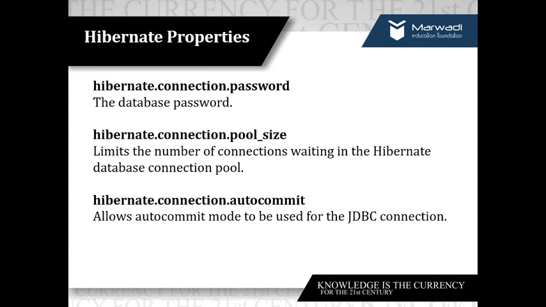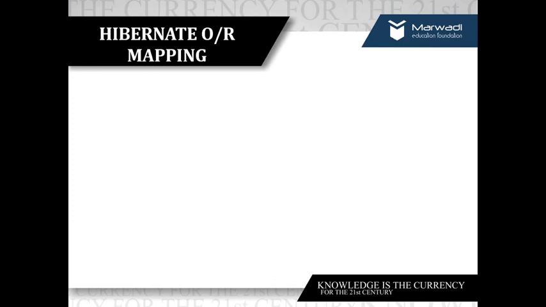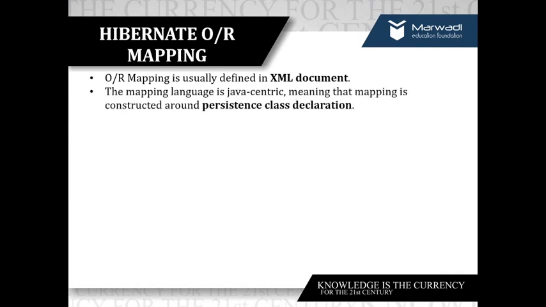So now let's see an example of the Hibernate ORM mapping property file, that is the configuration file. ORM mapping is defined in an XML document, and this mapping language is Java centric, meaning this mapping is constructed around persistent class declaration.